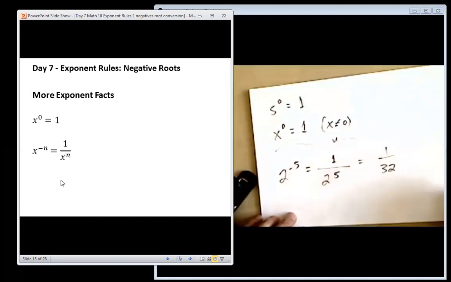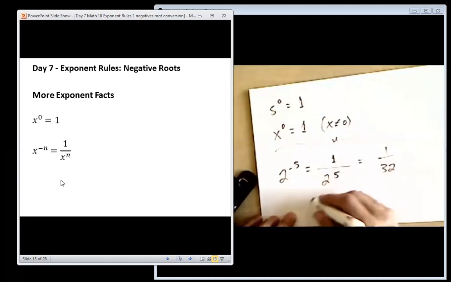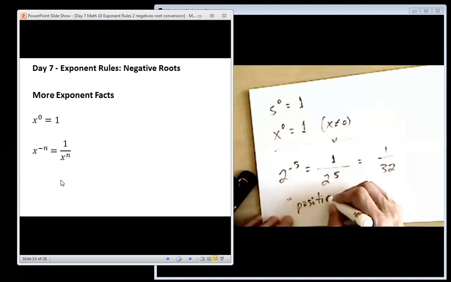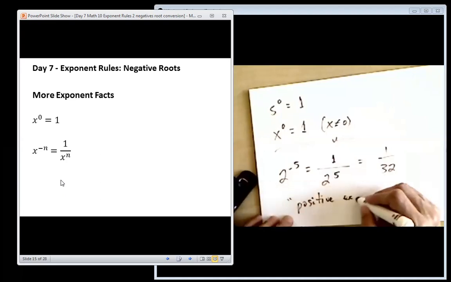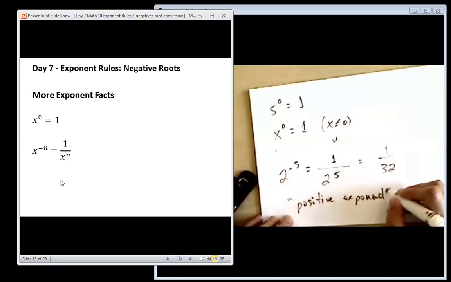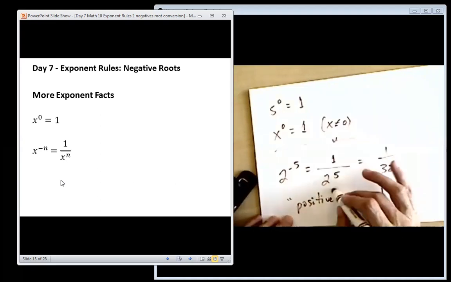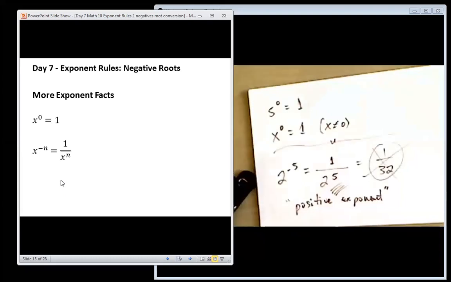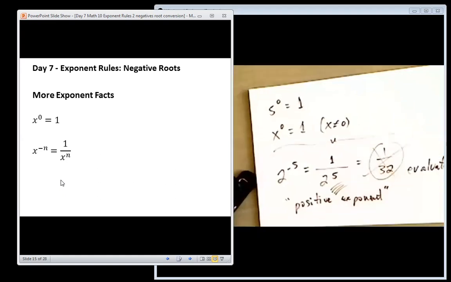A lot of questions, though, are going to say, write your answer with a positive exponent. So instead of working it out, just leave it at this level here. No need to do that unless they ask you to evaluate it. That's one of the words for finding the number at the end there.